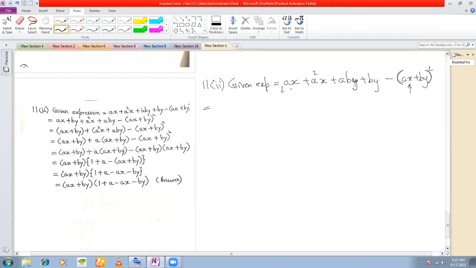So if from these two, considering these two, what is the HCF here? Ax is the HCF. If you're taking out ax, what are you left with? 1 plus a. If you group these two together, what will you get? From these two, what can you take out? You can take out by. You're left with a plus 1 minus, and you have (ax plus by) whole square.